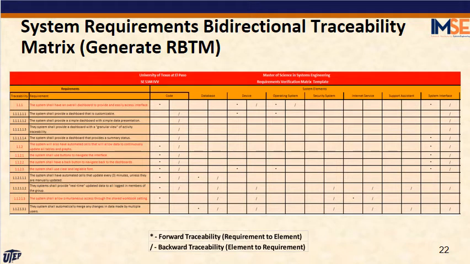So we have a specific requirement to include in this element, and there are some elements that were created to meet a specific requirement, and it's important to see the whole picture of the system. That is the reason we create this matrix.